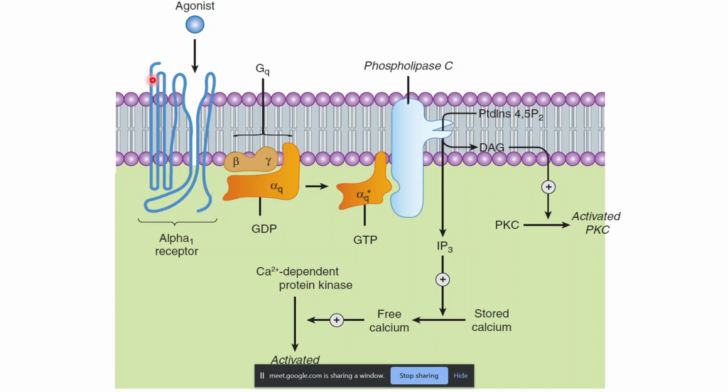So 1, 2, 3, 4, 5, 6, 7, and that is why it's a transmembrane domain, forming 3 extracellular and 3 intracellular loops. 1, 2, 3, and 1, 2, 3. It also has an intracellular C terminal.